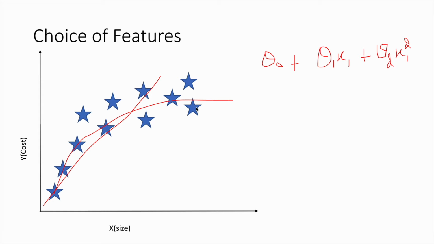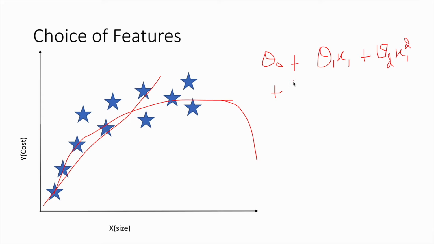This will be a curve like this, but there is a slight problem here too, because as the size increases it will go downwards after some point. But as the size of the house increases, it is obvious that the cost cannot decrease. The obvious way to solve this problem is to use a cubic equation.